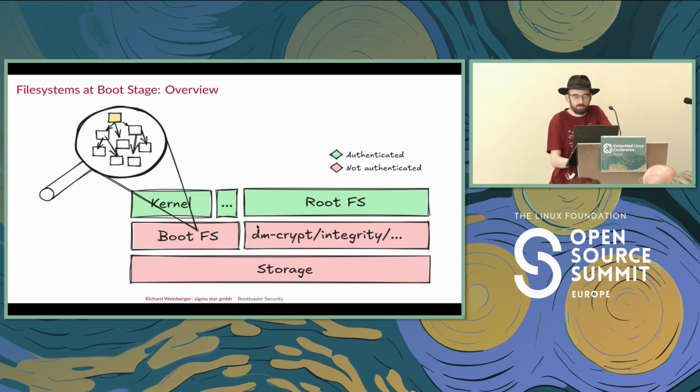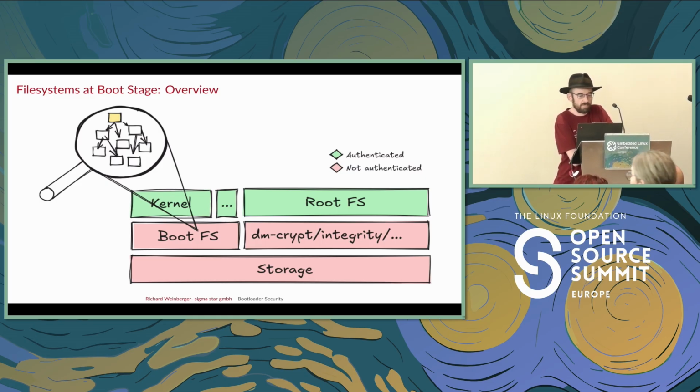On the other hand, the root FS is in a secure boot environment always authenticated, at least when you do it properly, because in that case you place below it, for example, dm-crypt together with dm-integrity or dm-verity to make sure that all blocks are properly signed.